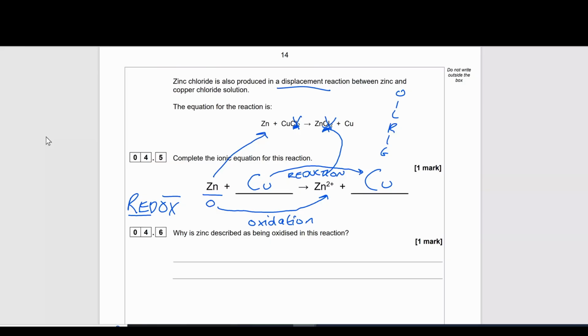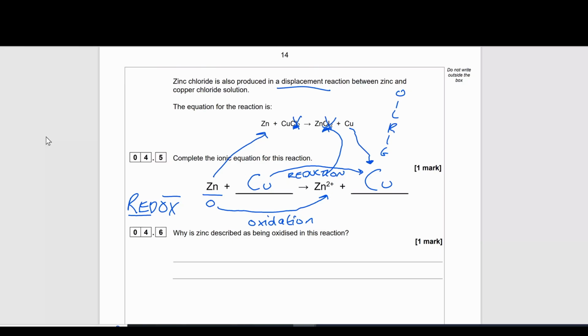So, as we said, reduction is gain of electrons. Let's look again at the equation that's given to us at the beginning. We can see that we've got metal copper here. So that means that this copper is going to be the same here. So that means we cannot be putting any charges for this copper. So this is fine.